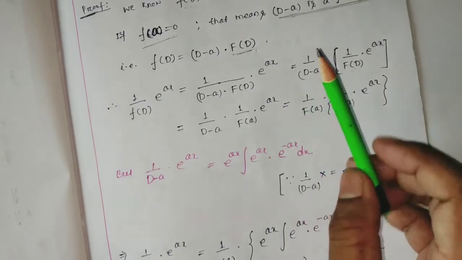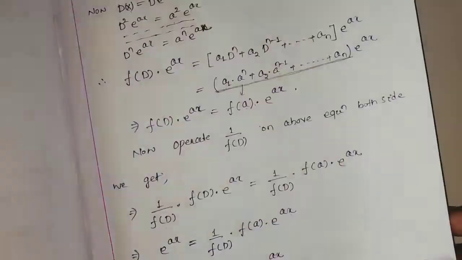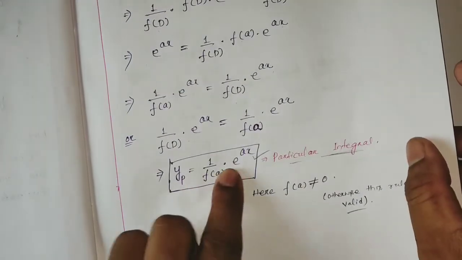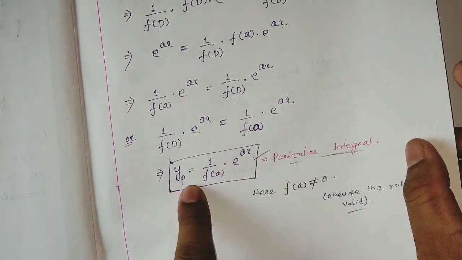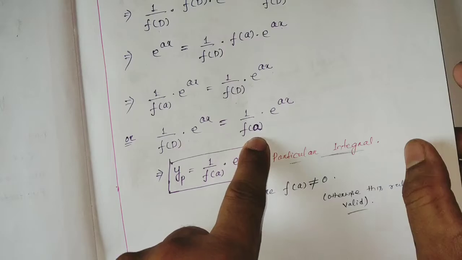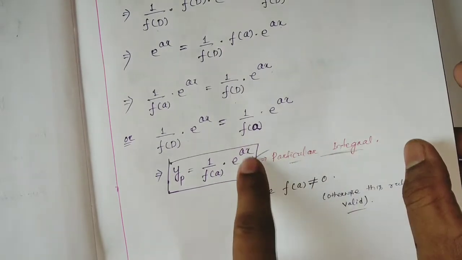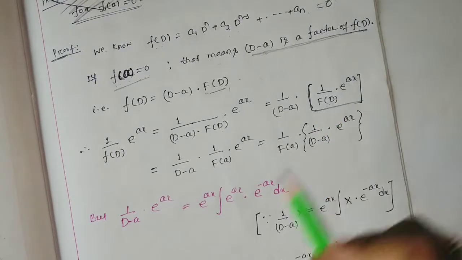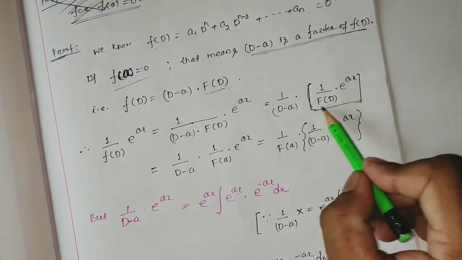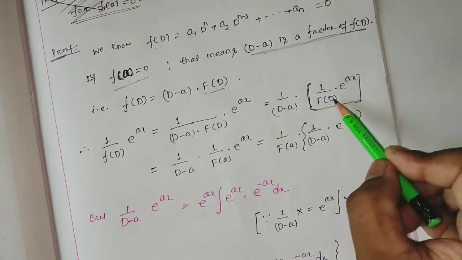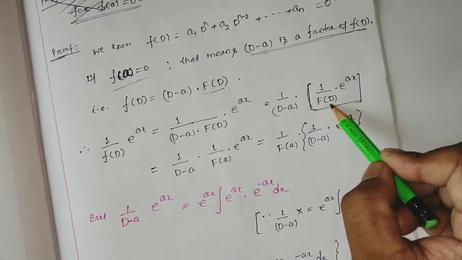That means we are applying this rule: if 1 by F of D e to the x, then 1 by F of a into e to the x. This rule I have applied for this one, because this F of D does not contain D minus a. So if I put a for each D, then I am not going to get 0 for this F of D.